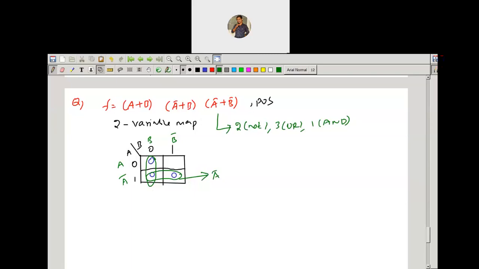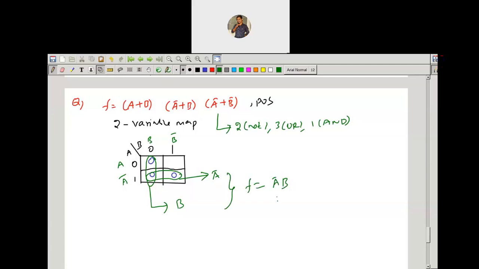Coming to the other grouping, on the left side there is no common variable, since it is occupied with the 0 row and 1 row, so don't bother about the left side. On the top side you have only B value 0, so B. We're talking about POS, product of sums, so the function F can be written as A bar B.